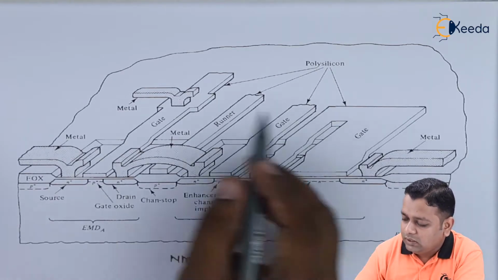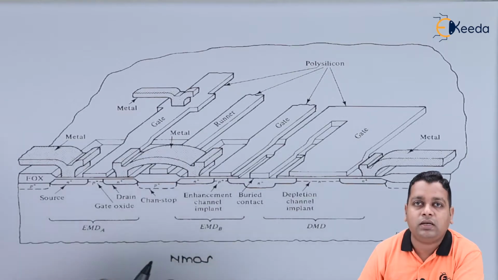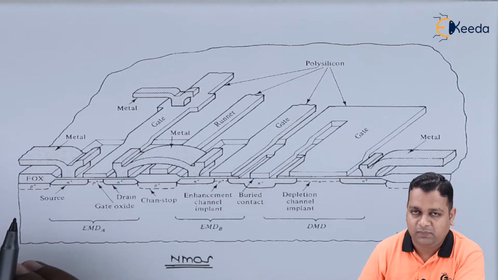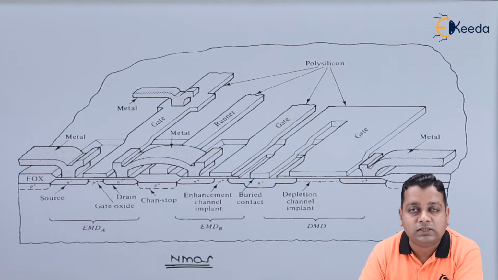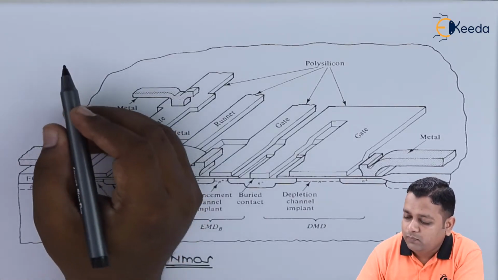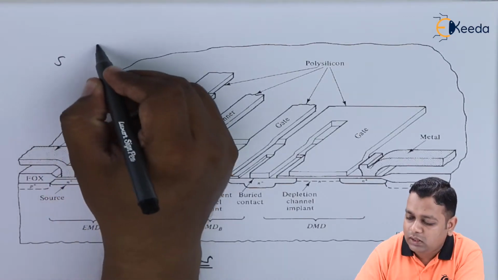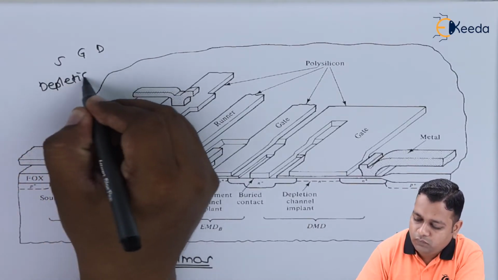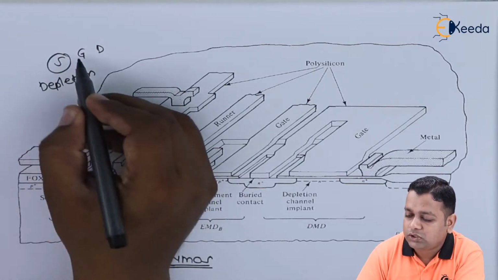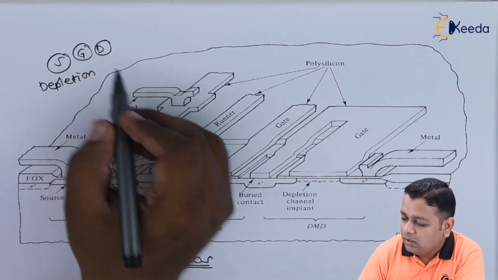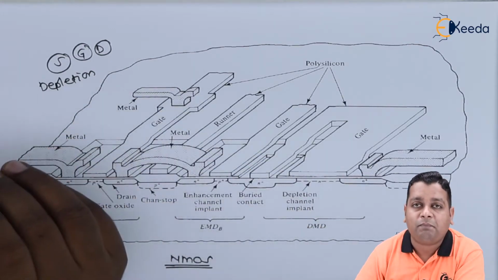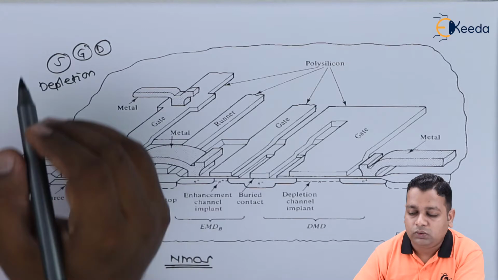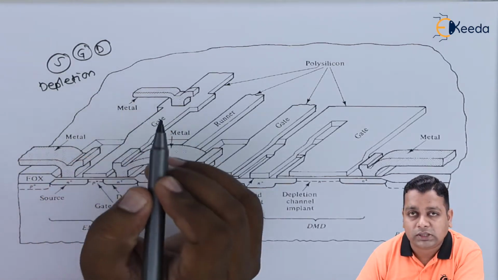If you look at the various details in a very tiny portion of the NMOS device, we can say this is the high packaging density, and basically when we operate these devices in the depletion mode, the terminals we have, the source terminal, the drain terminal and the gate terminal, are all surrounded by the depletion region, and because of this we have the isolation of the source, gate and drain terminals in a very tiny portion. Therefore the packaging density offered by these types of MOSFETs is very popular, outweighing the performance of the bipolar junction transistor.